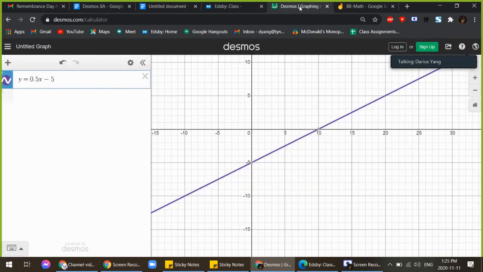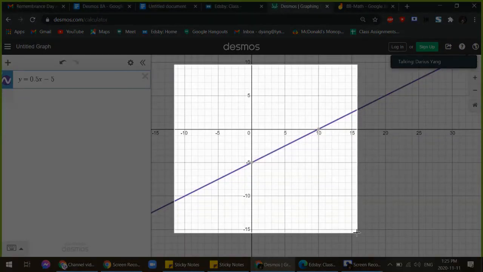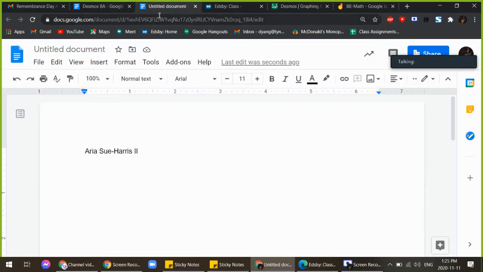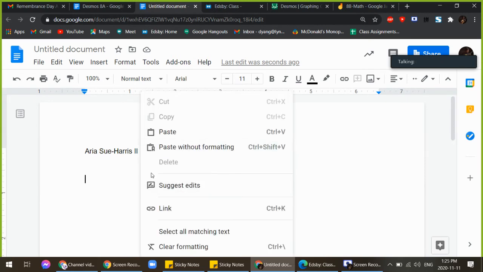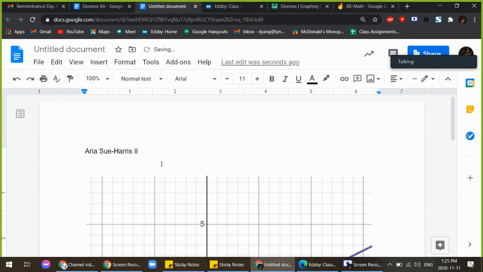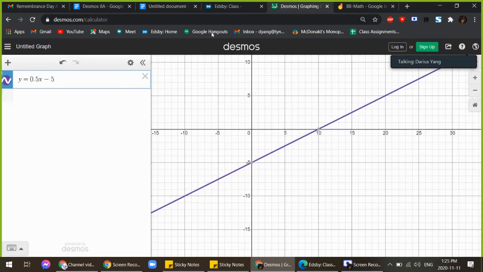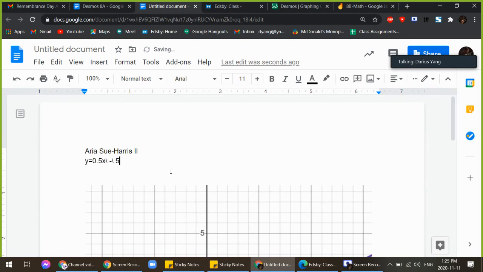Let me go back and screen cap it again, and then paste it. My keyboard is not working properly. Something is off. Then I'm going to copy my equation and paste it here. Don't trust it. Desmos changed some of the things in there to make it appear correctly on the computer.